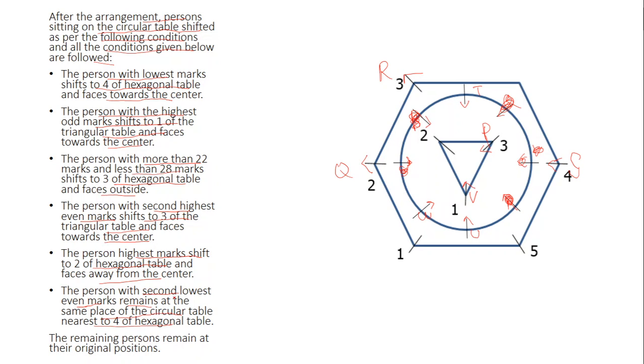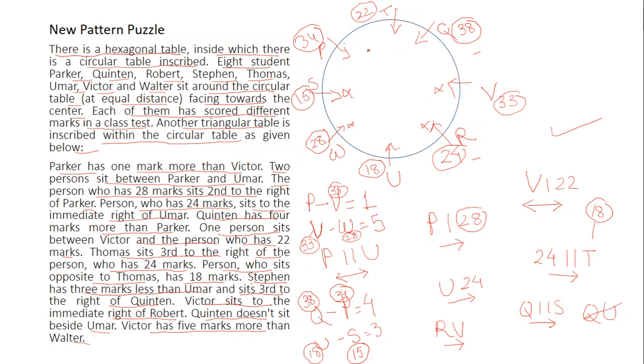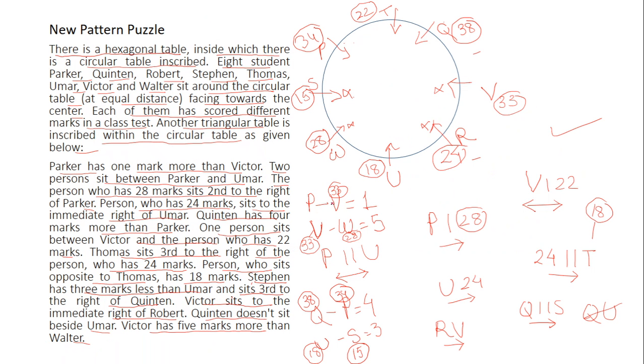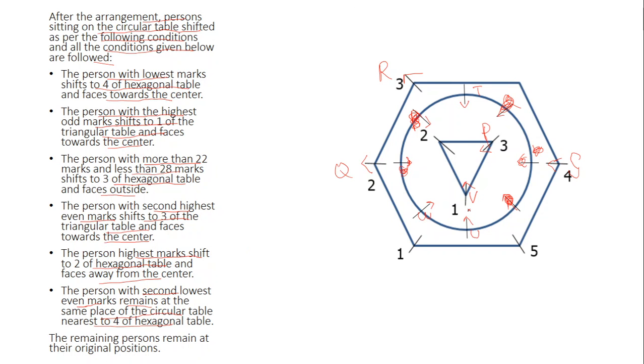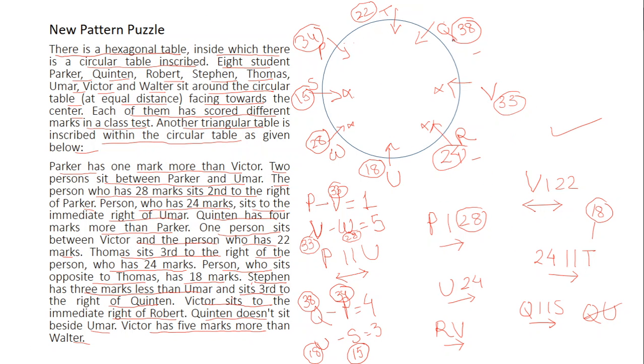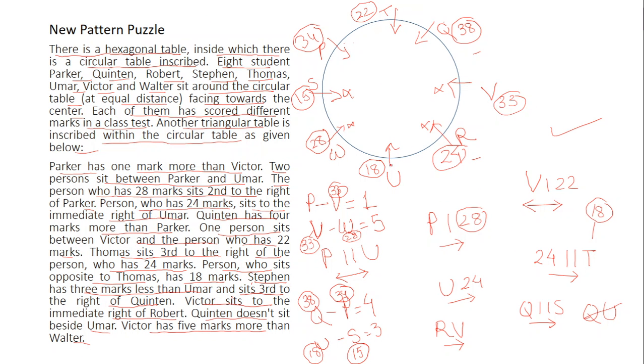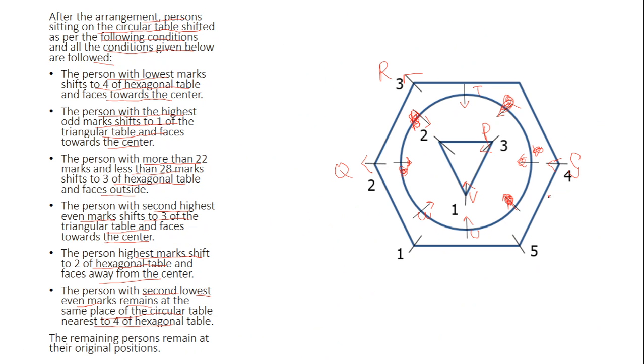So this condition is saying that the person with second lowest even marks is P. Okay, 38 is P. Sorry, it's not P, it's second lowest even marks is T. Okay, second lowest even marks is U with 18 and second lowest is T. Okay, T would be shifted to 4 of the hexagon.